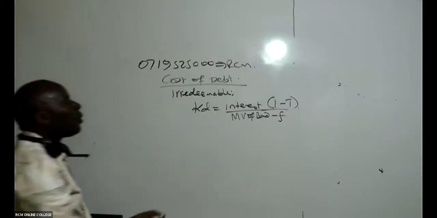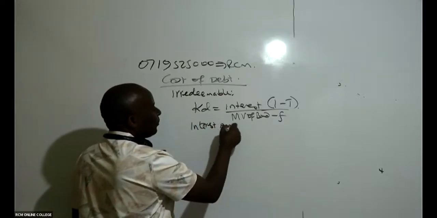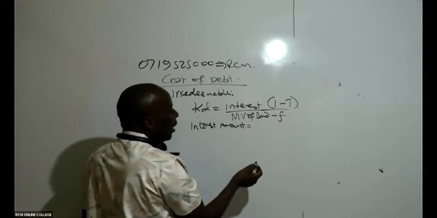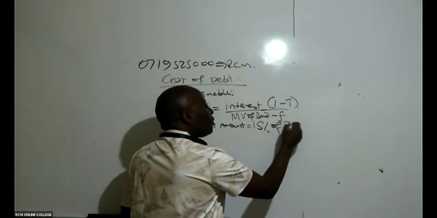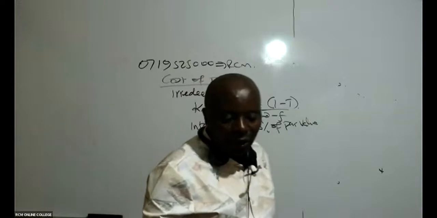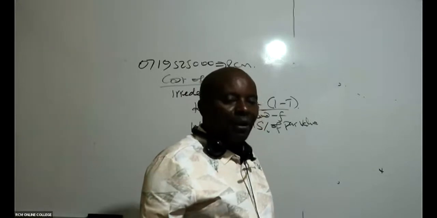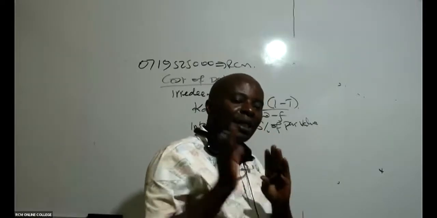Then the next thing that I will do, I will come here and compute the interest amount. This is very important, it confuses students. So interest amount, I've seen the rate of interest is 15%. So 15% of the par value. Remember, interest amount, you take the coupon rate times the par value.